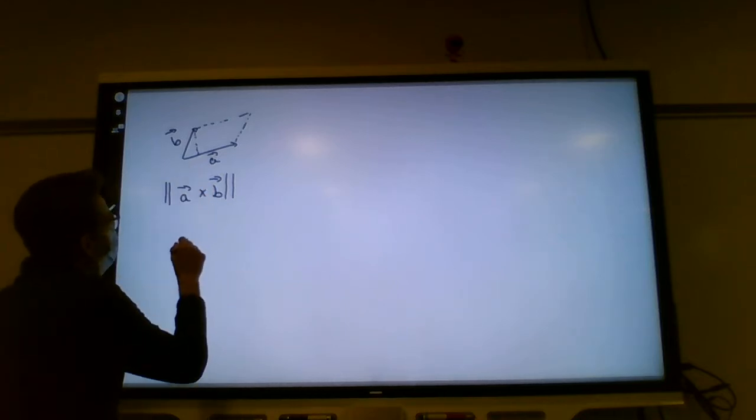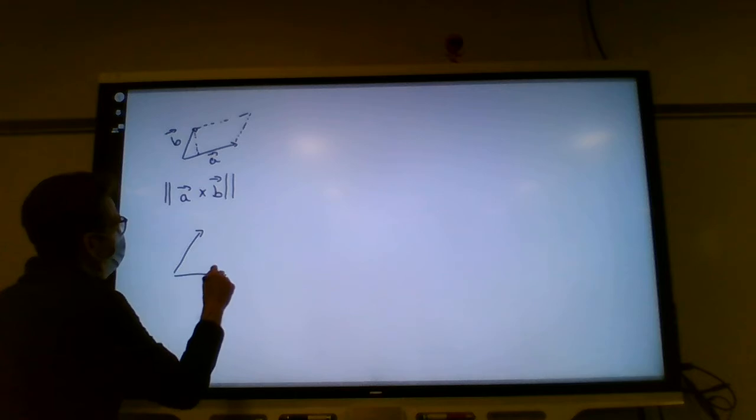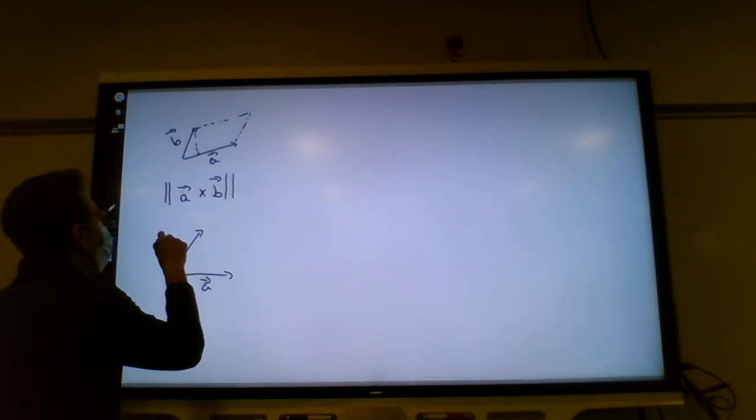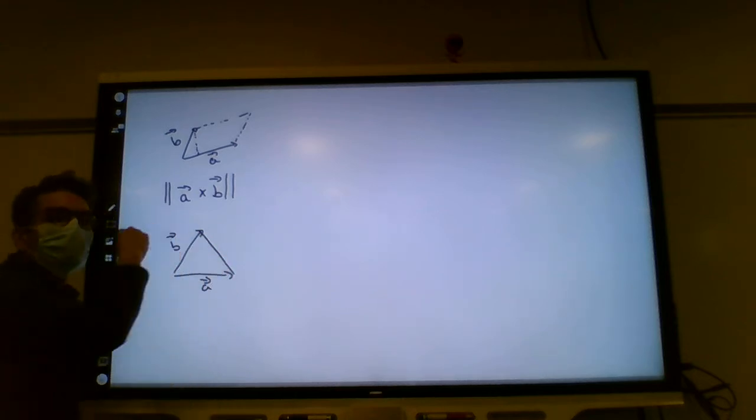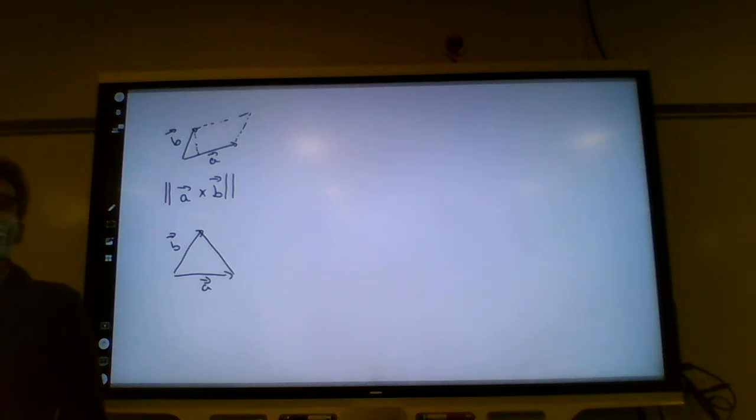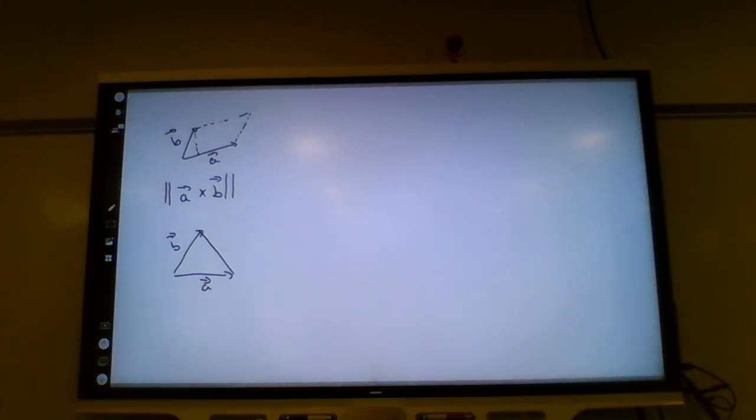What if we had the A and B, and we wanted the triangle that they formed? We wanted the area of the triangle. How would we calculate that?